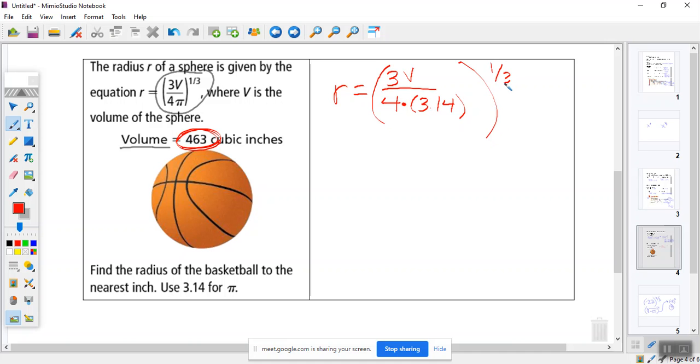1/3 power. All right, let's do this. I'm going to write this down. This is going to become 3 times what value? Over 4 times 3.14, all to the 1/3 power, like that. Okay, so wait till you're caught up there.